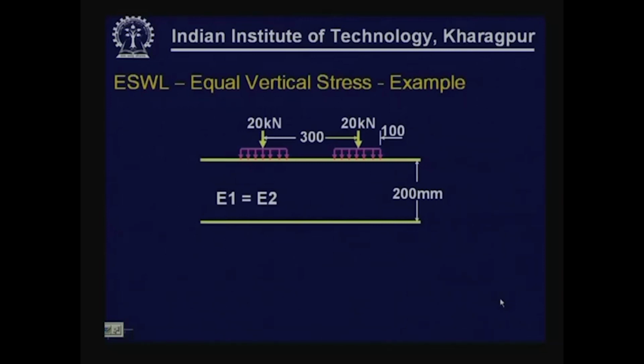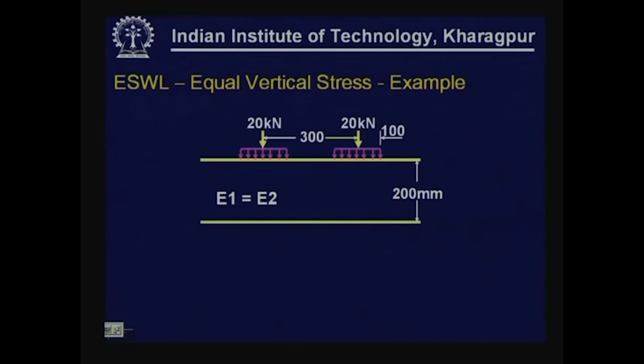Let us take an example and then calculate the equivalent single wheel load. What we have here is a dual wheel system, each wheel carrying 20 kilonewton. The center to center spacing between these two wheels is 300 millimeters, and the radius of contact area, assuming that these are circular contact areas, is 100 millimeter.